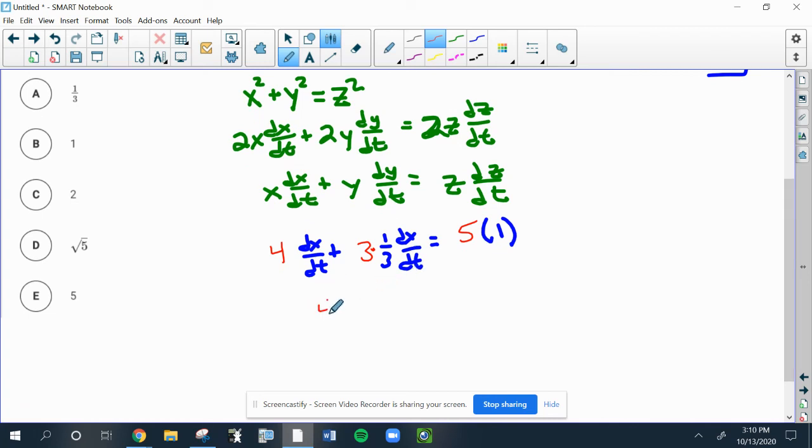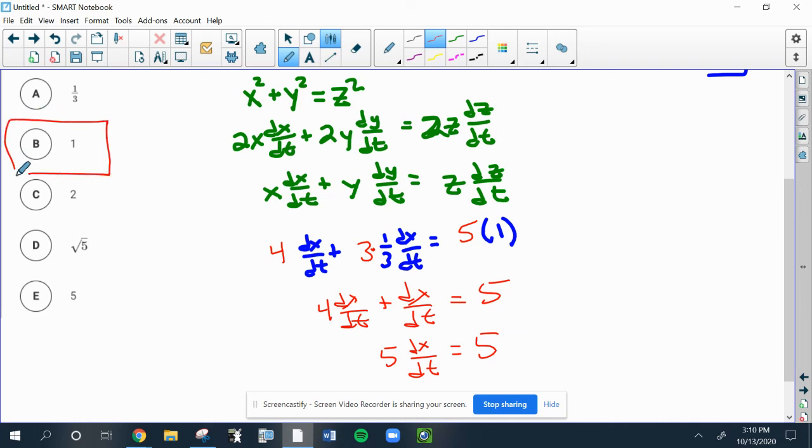So we have 4 dx/dt plus 1 dx/dt equals 5, which means we have 5 dx/dt, just add them together, equals 5. Therefore, dx/dt does equal 1.